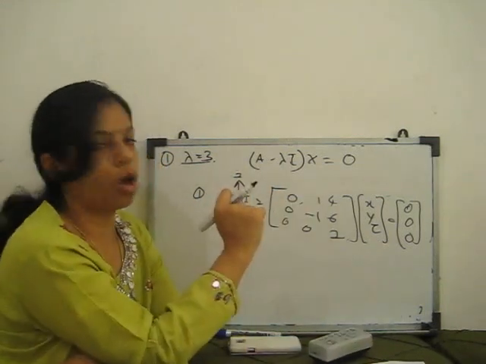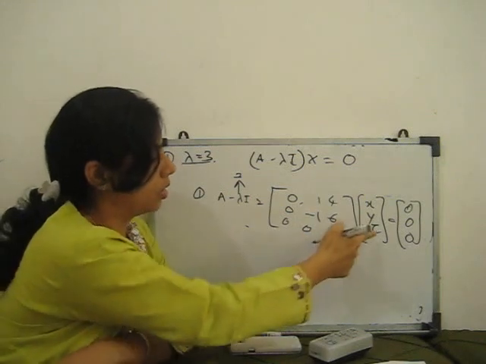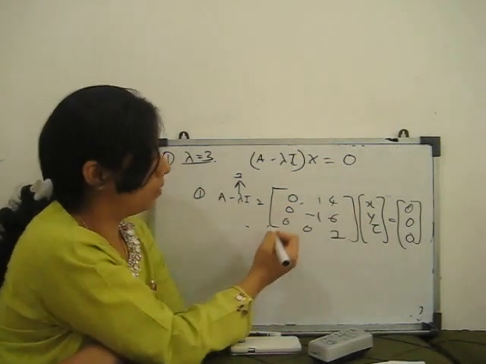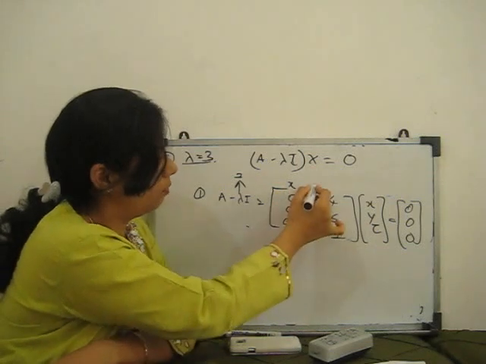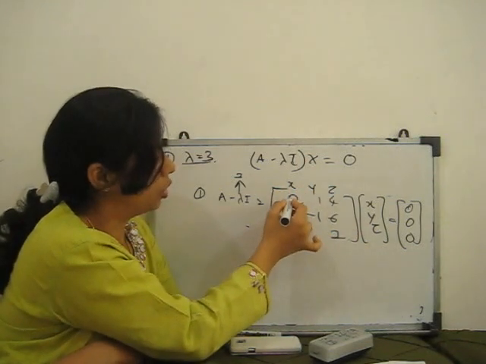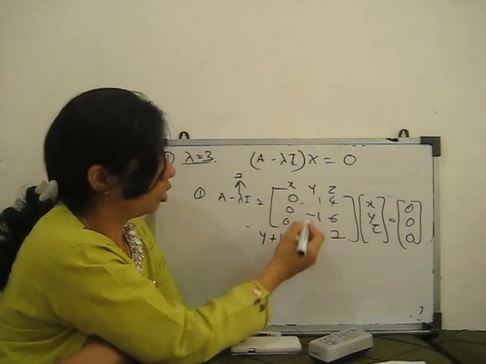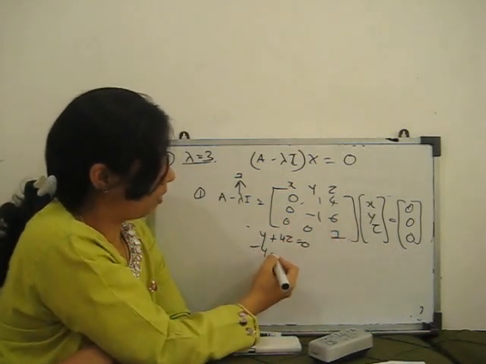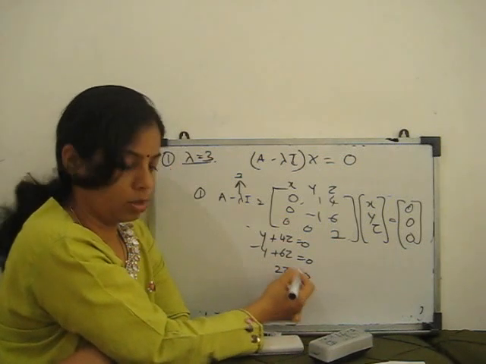When we talk about the system of linear equations, the first equation has 0 as the x coefficient, with the columns corresponding to x, y and z. So 0x plus y plus 4z equals 0. The second gives minus y plus 6z equals 0. The third gives 2z equals 0.